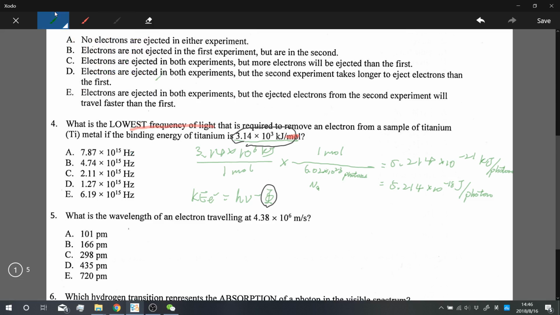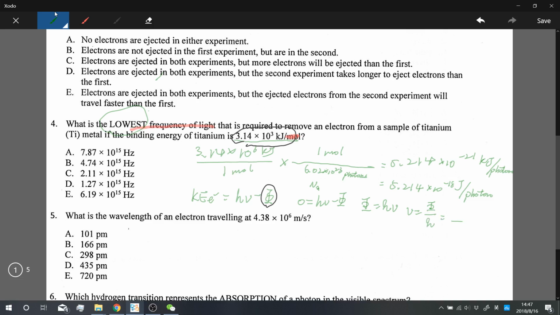And let's keep going. Since it's asking for the lowest frequency, that means the light just has enough energy to kick out the electron without giving it any additional energy, which will give us 0 equals the energy of the light minus the binding energy. So the binding energy equals the energy of the light, and the frequency will equal the binding energy divided by Planck's constant.